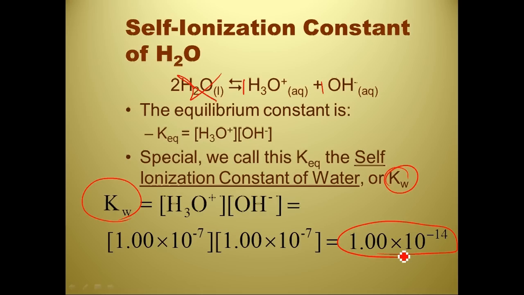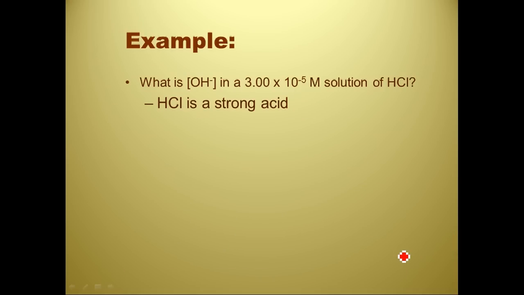This means we can actually do some math. Another interesting thing: when we make up a solution of hydrochloric acid, it actually has hydroxide ions in it. You might not think that. You might think, okay, Mr. Kane, this is an acid, so which ion is it going to have in it? Well, it's going to have hydronium ion in it. Yes, it's an acid, and that acid produces hydronium ion, but check this out.